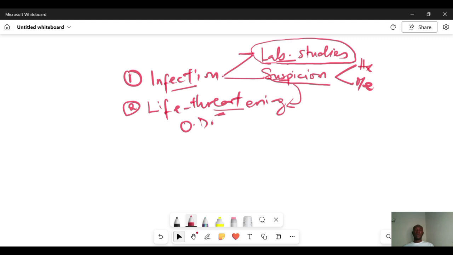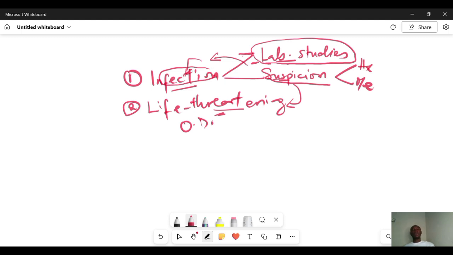This is especially true if the results from the laboratory studies eventually show that indeed there is an infection. But recall that in over a third of cases, the actual organism is not isolated. Still, from commencement of antibiotics, the patient gets better, and that also supports that indeed sepsis may have occurred.